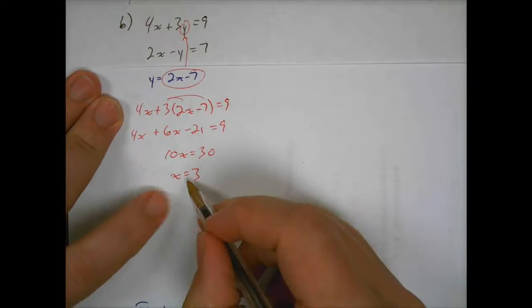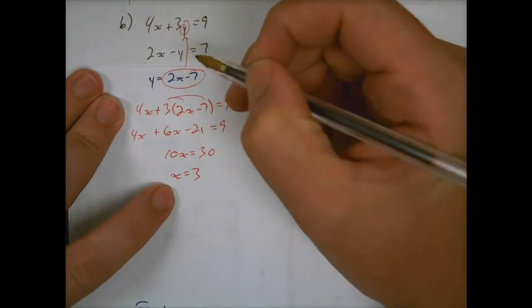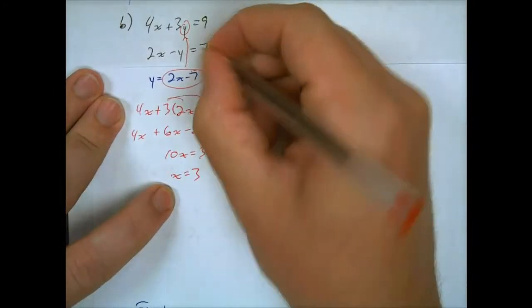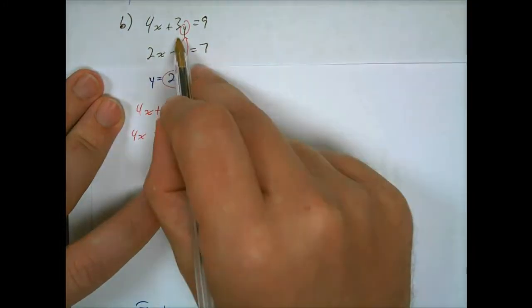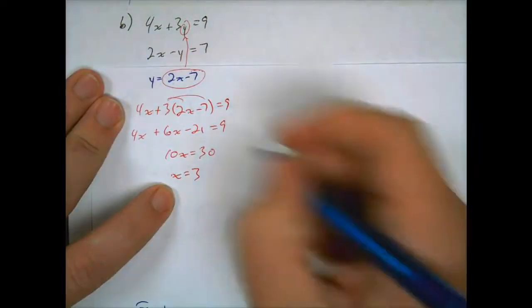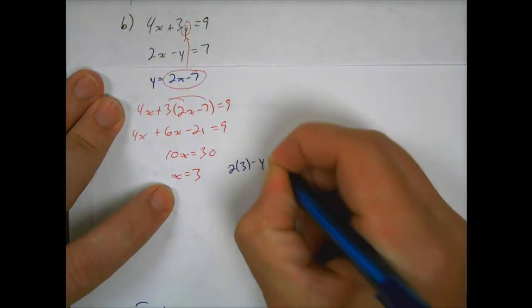Again, once you know your x, you can plug it into either one of these. Both of these will give you the same solution for y. So say we choose the second one. I would choose the second one just because it has less stuff. But again, it doesn't matter. If you choose the first one, you'll still get the same value for y. So if I know x is 3, I can say 2 times 3 minus y equals 7.